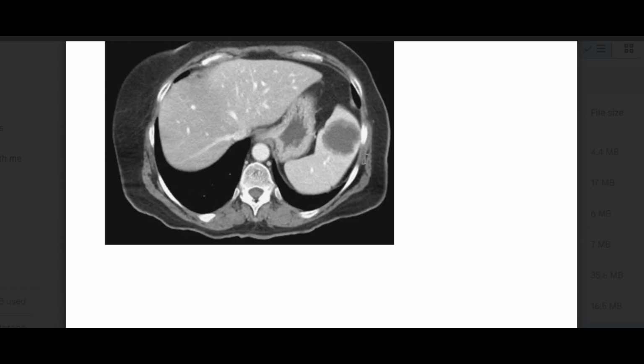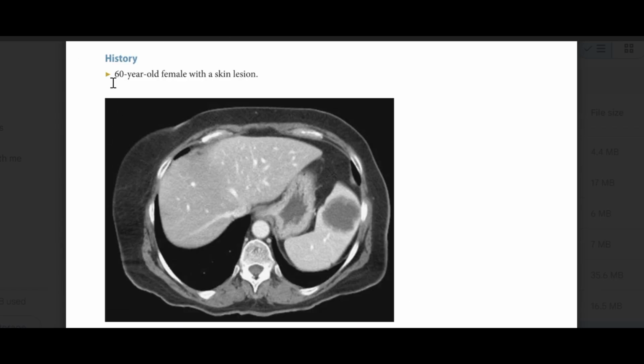This patient is a 60-year-old female with a skin lesion, which is expected to be melanoma.